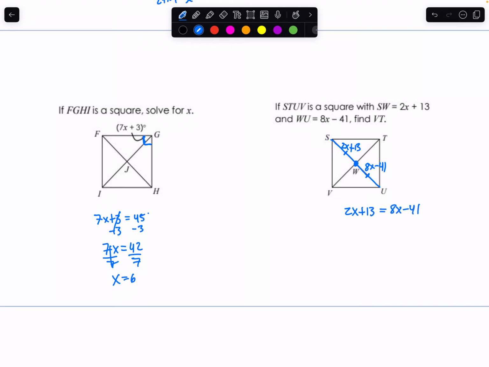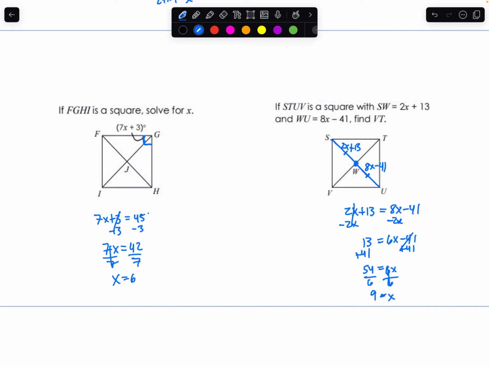A square is a parallelogram, which means the properties still apply. We combine like terms. We're left with 13 equals 6x minus 41. When you move the 41 over, we're going to get 6x equals 54. Divide both by 6. X equals 9.